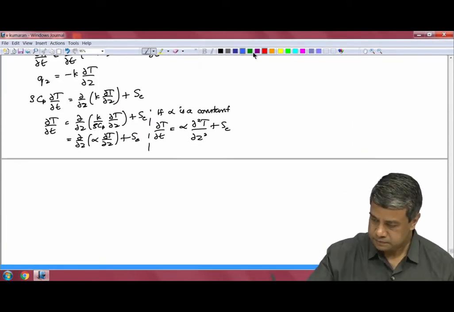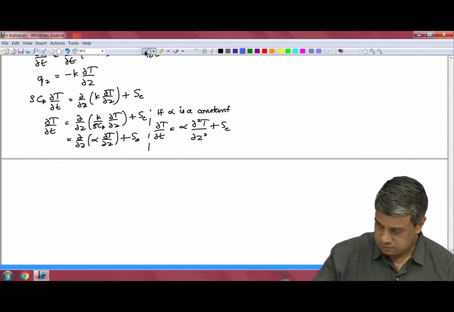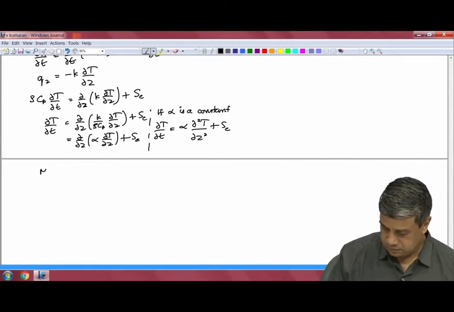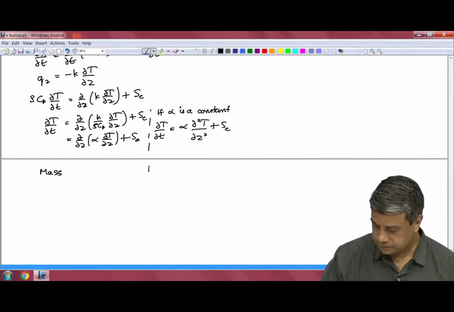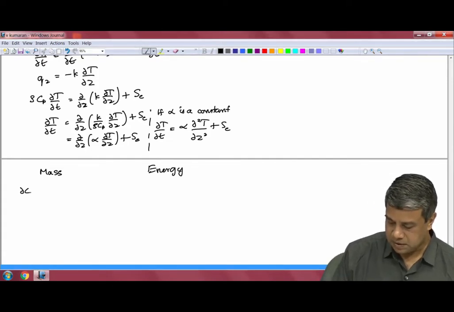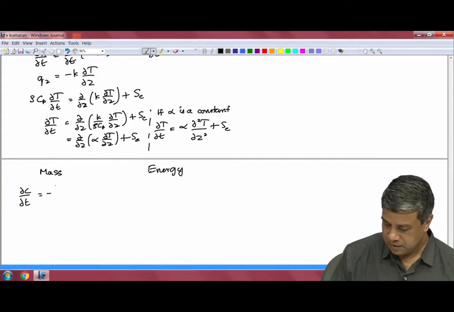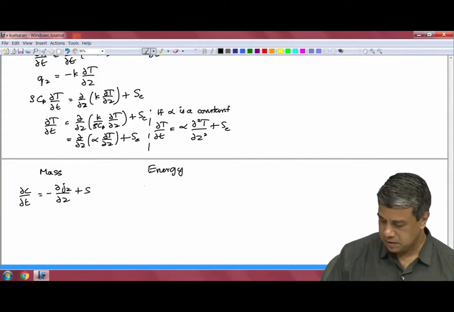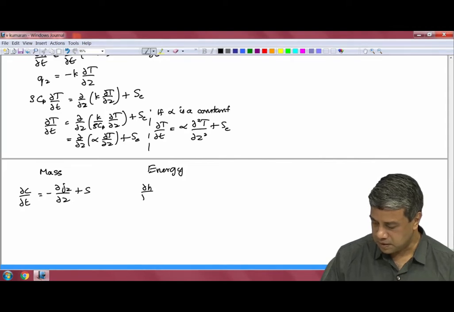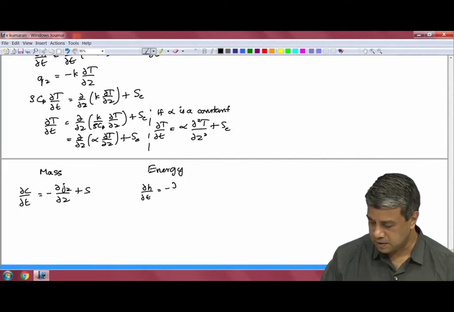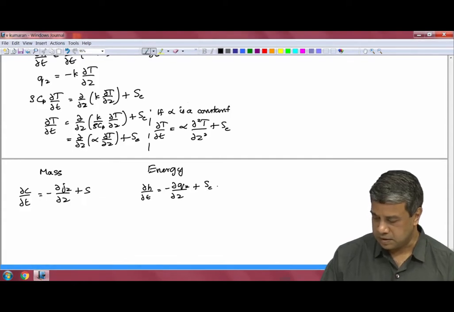So, partial C by partial t is equal to minus partial Jz by partial z plus S, and partial H by partial t is equal to minus partial Qz by partial z plus energy source.